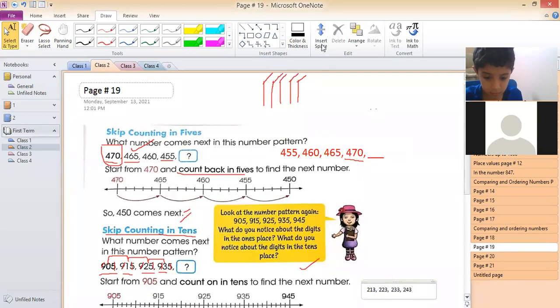Just wait a minute, guys. 13, 23, 33, 43. This is the number pattern, guys. Okay, look at this number pattern.